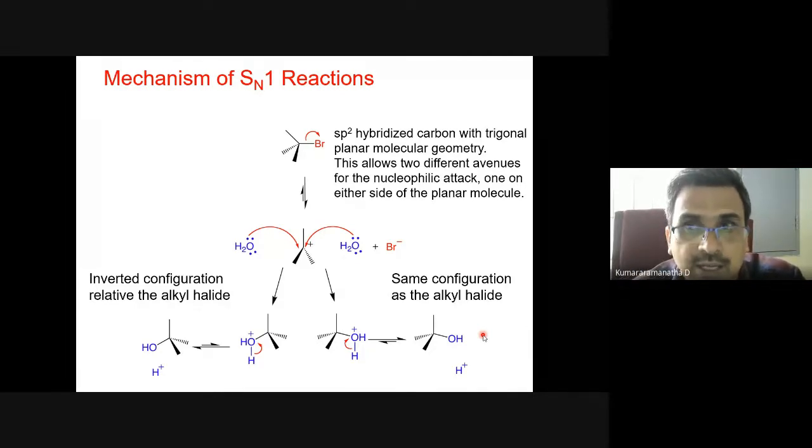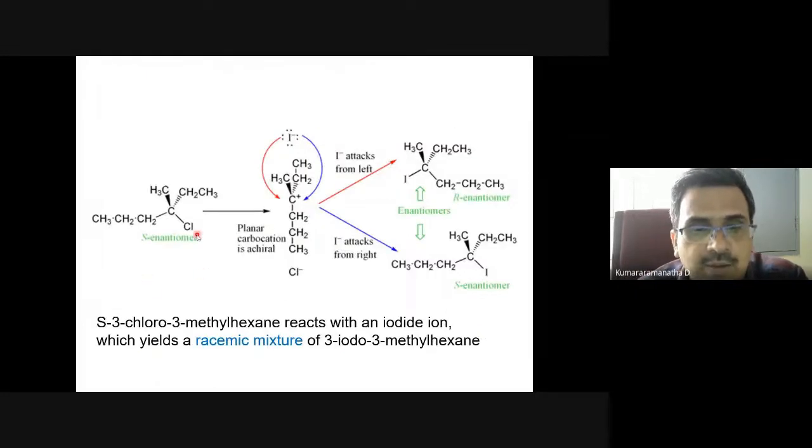Now let's take an example. You take a molecule like this, an S enantiomer, and you remove that chloro group, generating a planar carbocation, and this you are reacting with an iodide. So chlorine is being replaced and iodide attacks. If it attacks from the left side, you get this.